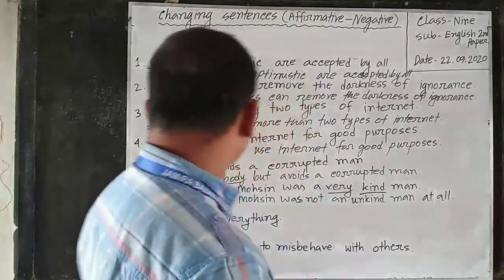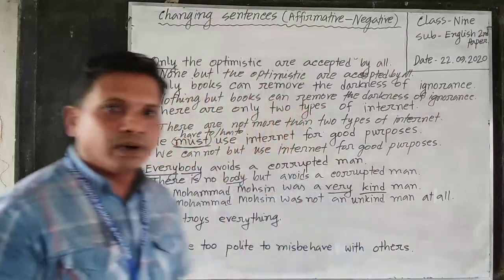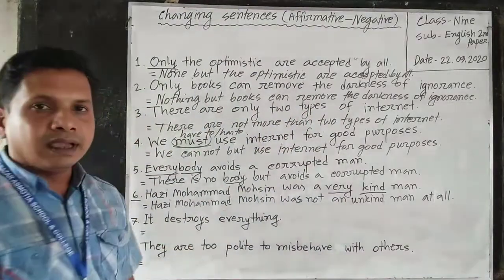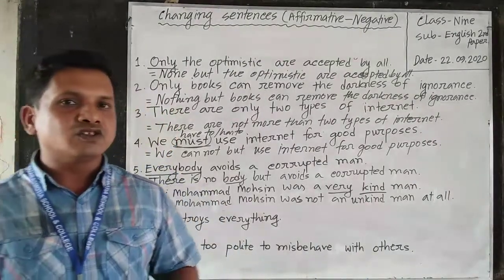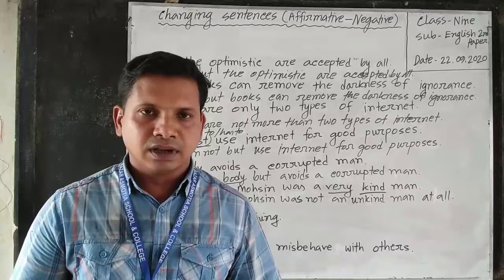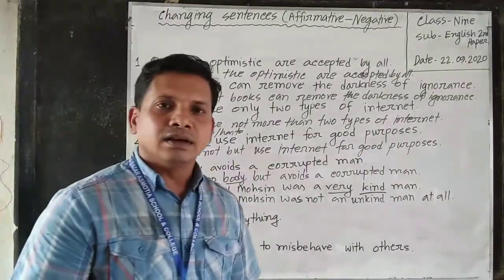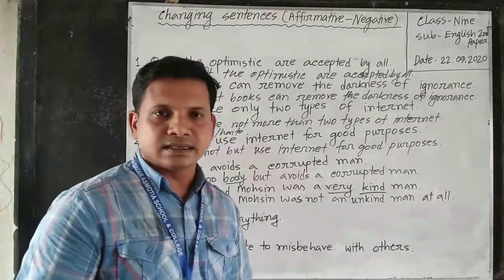Now the next sentence. It destroys everything. Dear students, follow the sentence. It destroys everything. Here, in the sentence, there is no auxiliary verb. I think you have already understood what type of sentence it is.